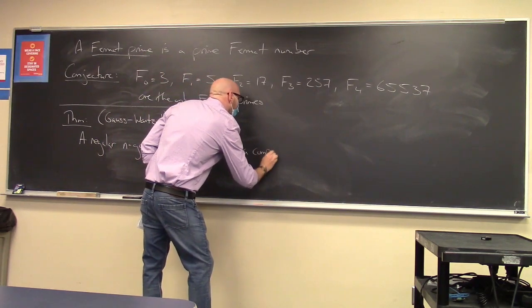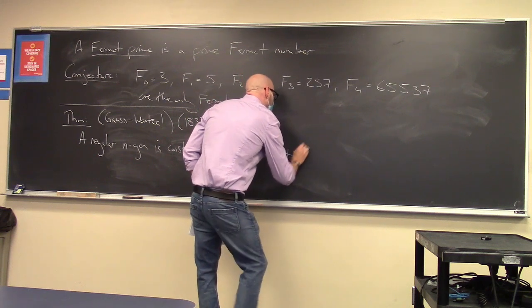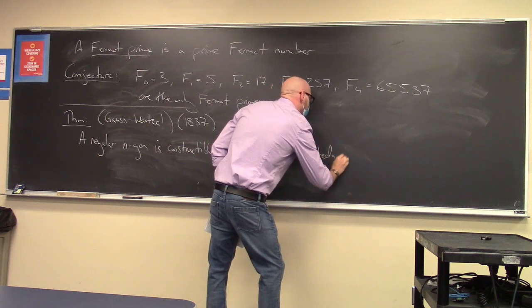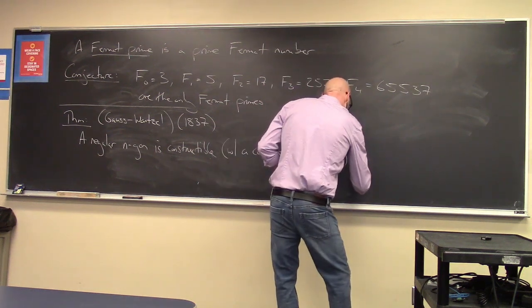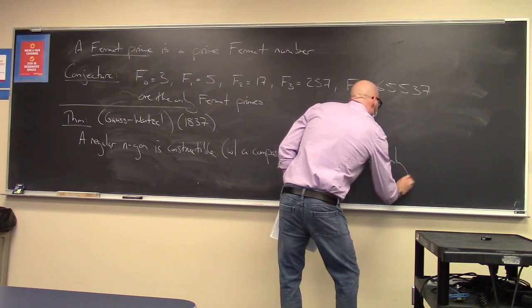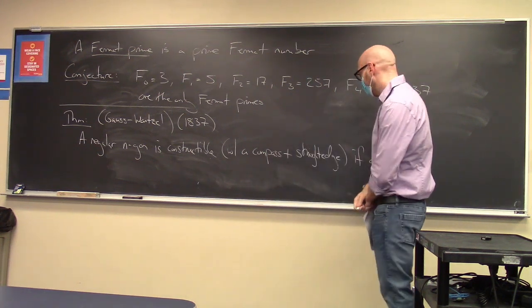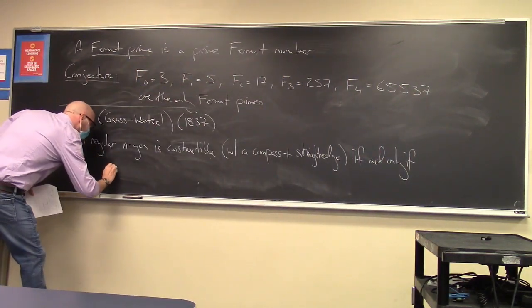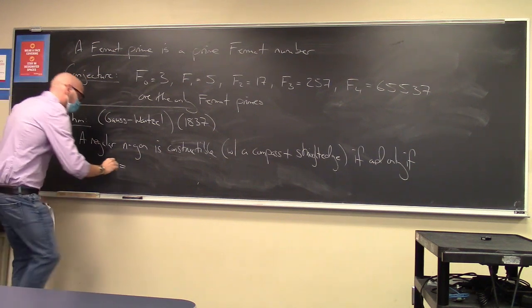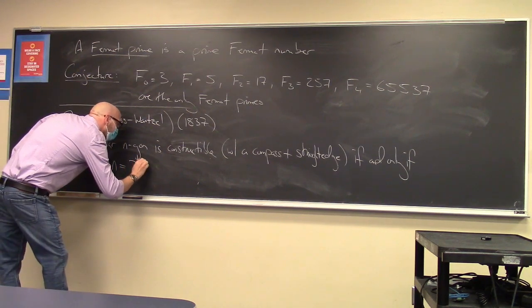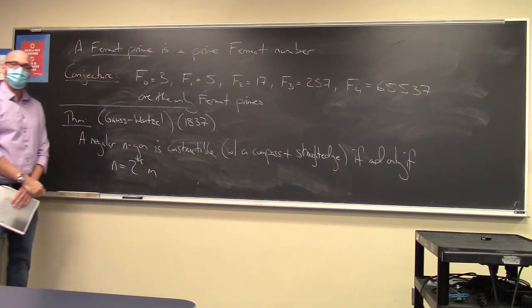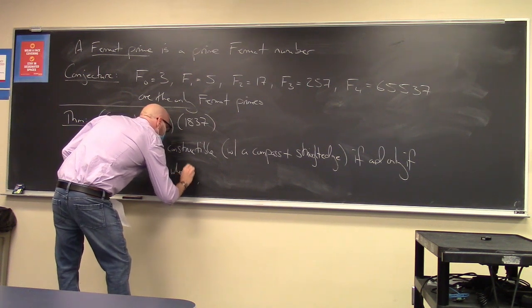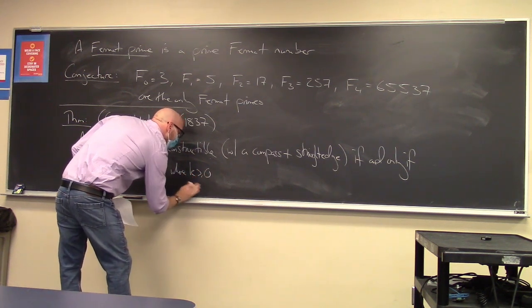A regular n-gon is constructible with a compass and straight edge if and only if n is of the following form: n is 2 to the k times m, where k is an integer bigger than 0.